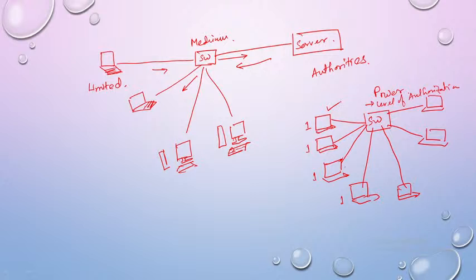Whereas, when you consider a server client configuration, in the peer to peer case each one can be configured as a client, and it can also act as a server. That means no computer in this network is the server.